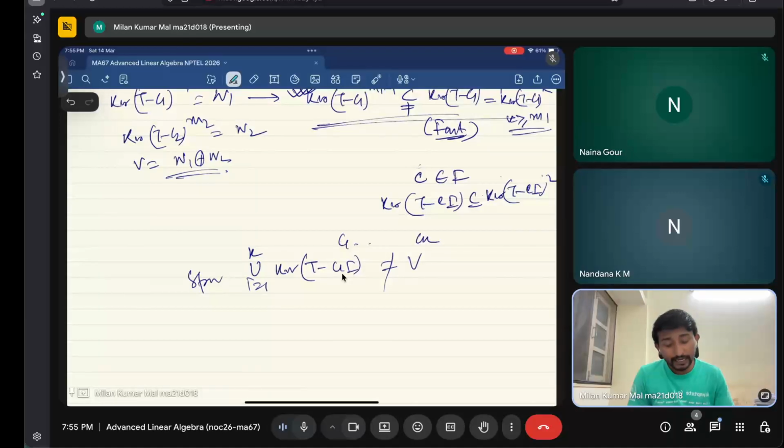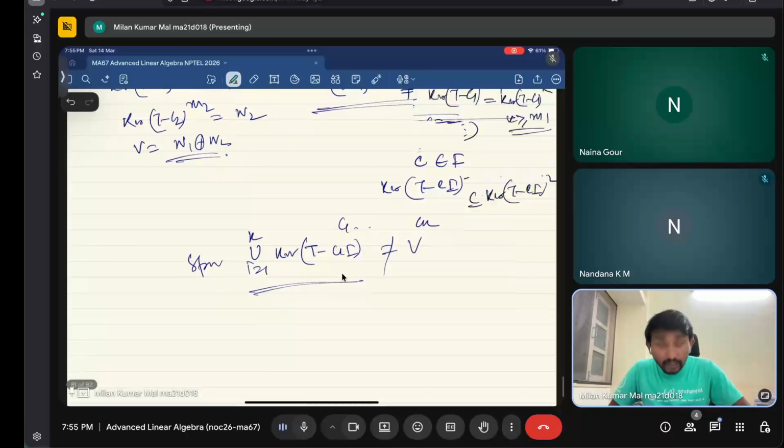To get the desired vector space, we have to go up to a certain power of T minus ci. That power is actually the power of x minus ci in the minimal polynomial. So there is a very interesting connection. I hope it will be clear to you someday.